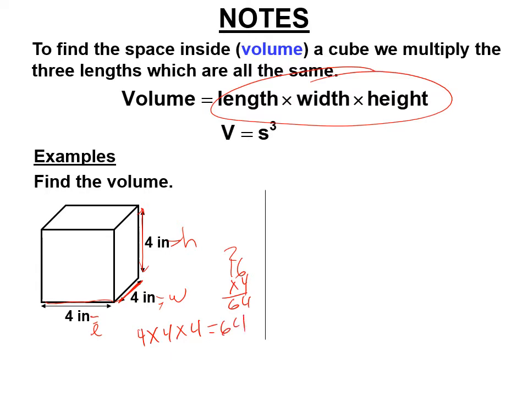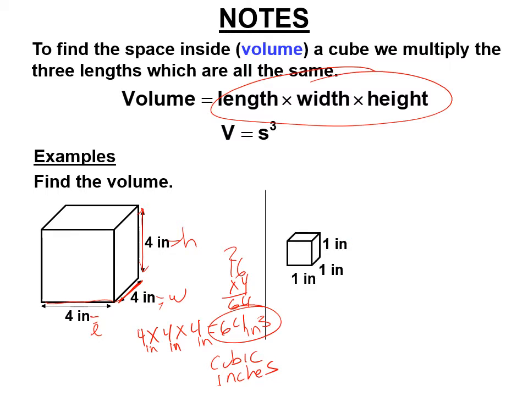Now, it was inches times inches, which would be square inches, times inches, and this is cubic inches. So it is 64 cubic inches. And all volumes are in cubic dimensions: cubic inches, cubic feet, cubic yards. So what's the volume of that?